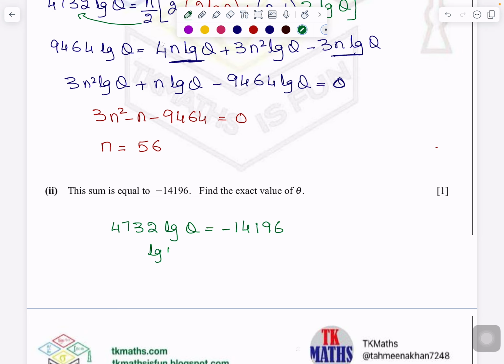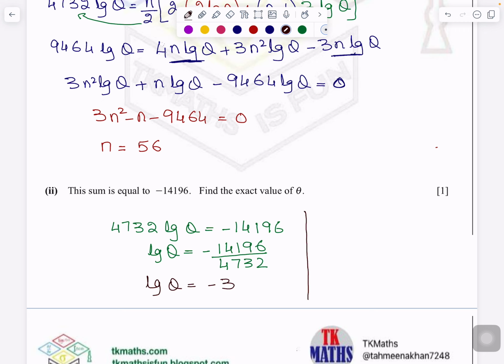So lg theta equals minus 14196 divided by 4732. So what did you get? What is lg theta? This is equal to minus 3. Right.